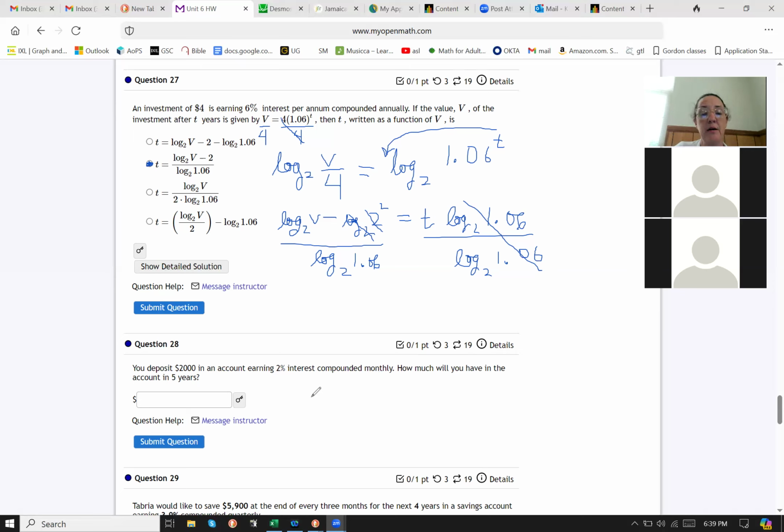So that formula for compound interest on a future amount is your future amount equals the principal times 1 plus your interest rate given as a decimal divided by the number of compoundings per year, all raised to the NT power. And T is always in years. Okay, so start putting in the numbers for me.